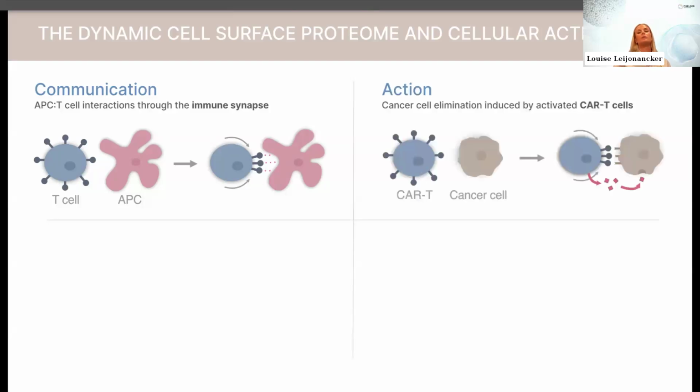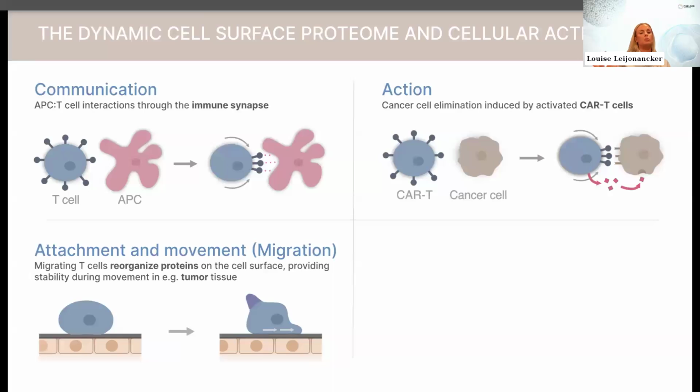Another example would be an action where a CAR T cell is interacting with a cancer cell, and it needs to reorganize some of its cell surface proteins in order to bind and perform this perforin granzyme-based cancer cell killing.